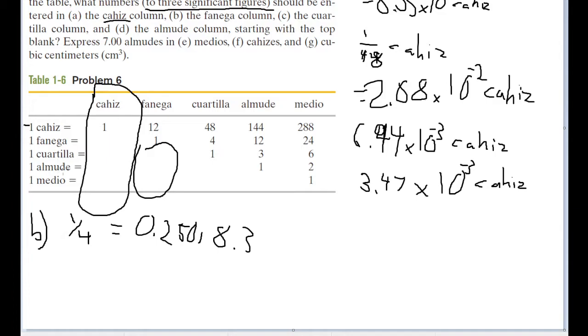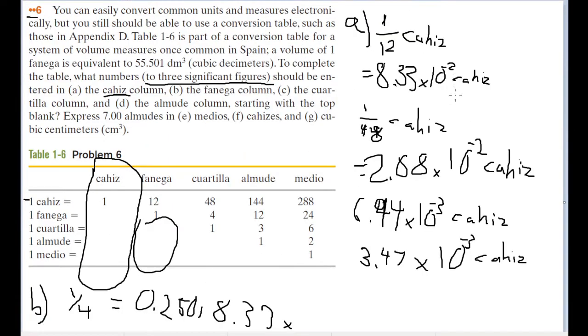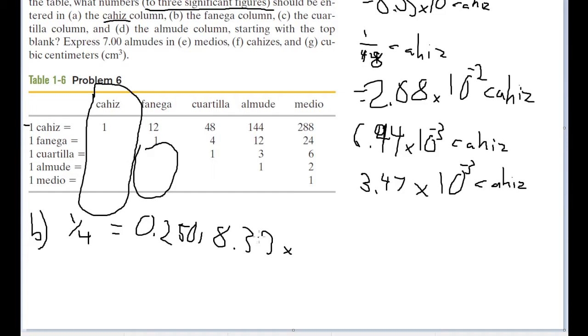So an almude then, in fanega, we're given 12 almudes, so it's the same process. So 1 over 12, which calculated above is 8.33 times 10 to the negative 2. And lastly, 4.17 times 10 to the negative 2 for those last few entries.